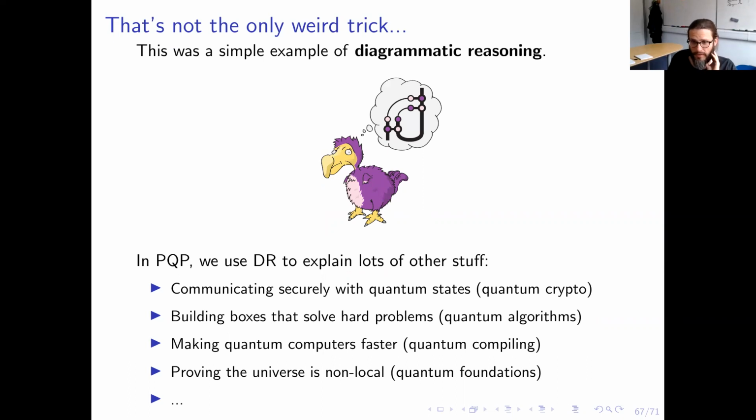So you can talk about things like quantum cryptography, quantum algorithms, quantum compiling, the foundations of quantum theory. So why is the universe a fundamentally non-local thing? All of these things you can describe using diagrams and reasoning with diagrams. So it's actually a pretty rich language that gives you a handle on a lot of these things.